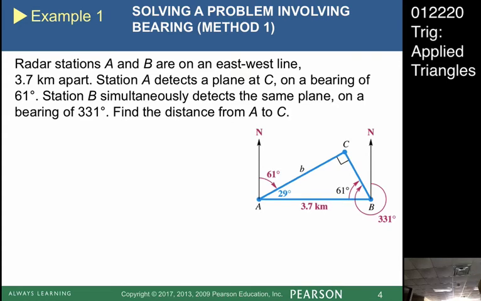So we know that if this was 61, this angle here has got to be 29. And if this angle was 331, that means 270 from 331 is 61 degrees there. Pretty convenient. They picked some convenient numbers for us because 29 plus 61 is what?